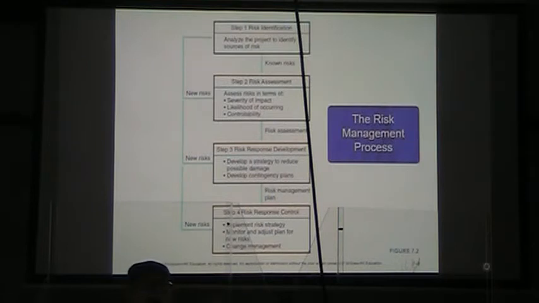So if we're talking about the asteroid striking our facility, well, the severity of impact would be huge for something like that. But again, the likelihood of occurrence is so low that we're ordinarily going to leave that out of any kind of risk assessment.